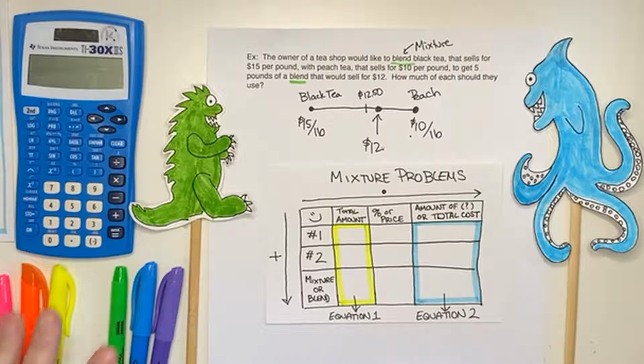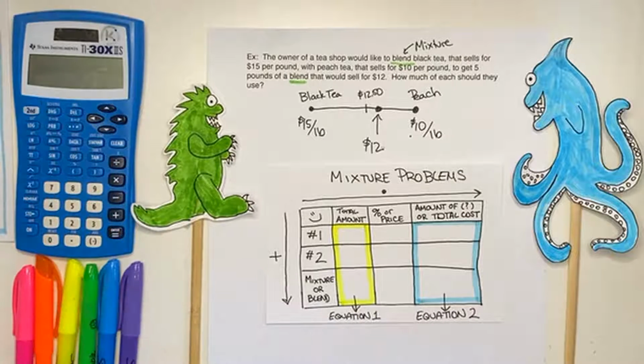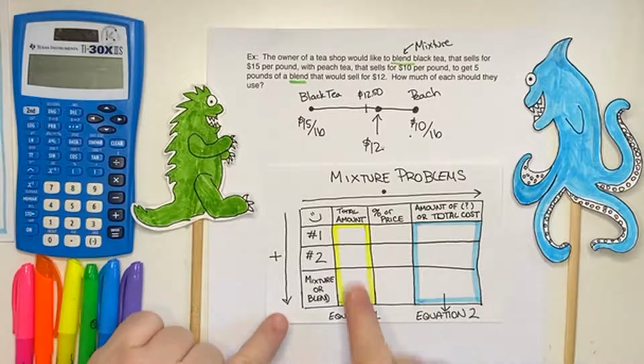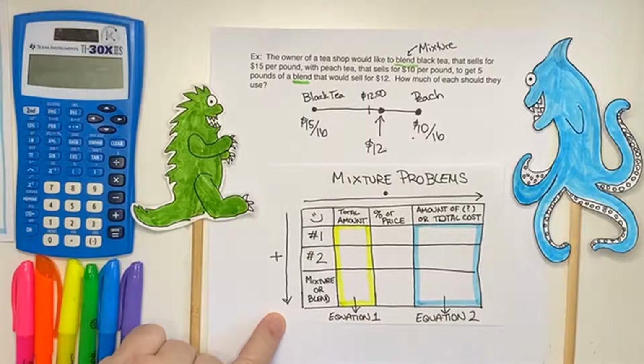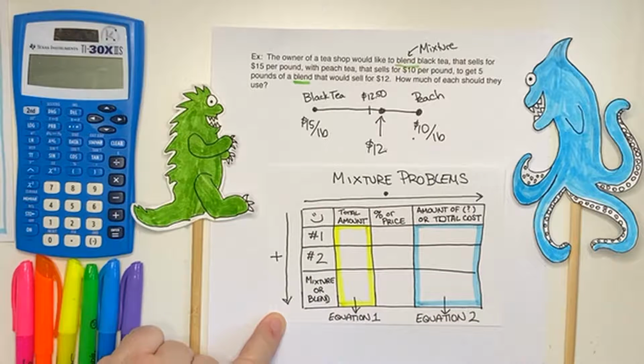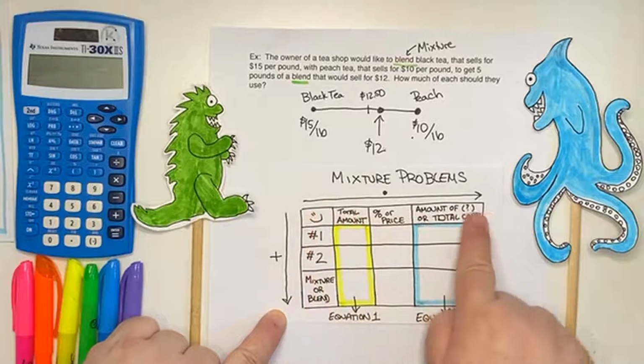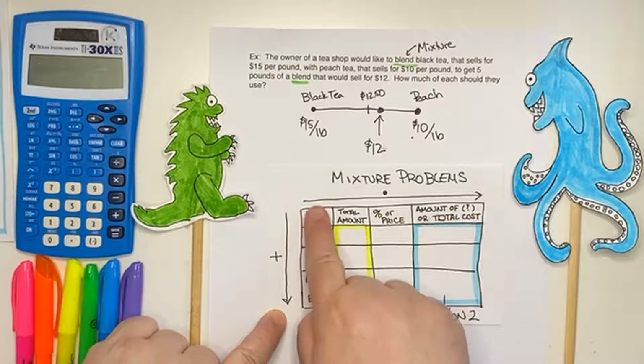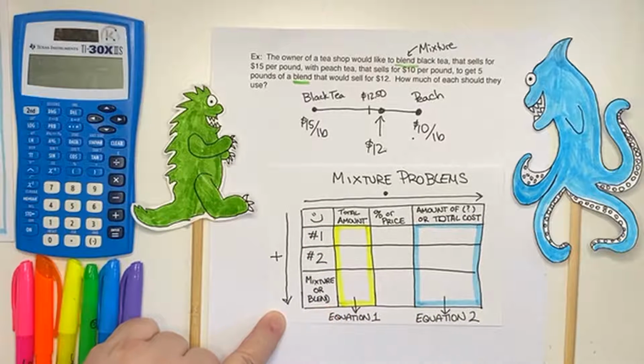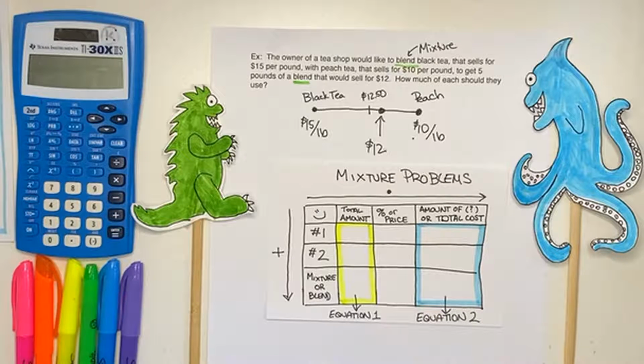So it makes sense. So here's our mixture problem setup. And we've got the chart, which again is completely optional. And in the chart, I've got a top row, which has just titles, and a left column that has just titles. Again, you can set this up however makes the most sense for you, because this is just to help you organize the information.